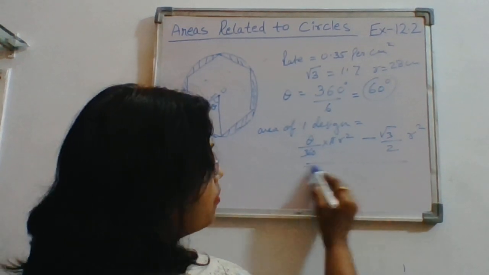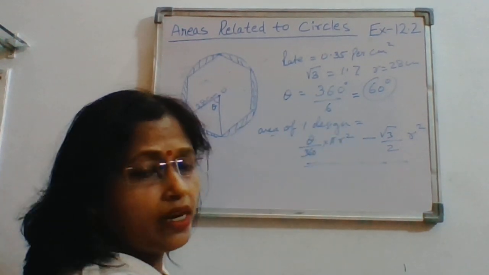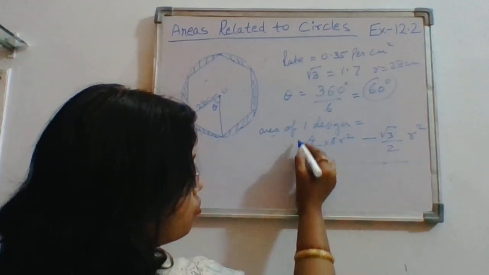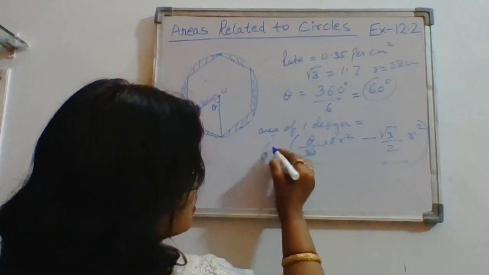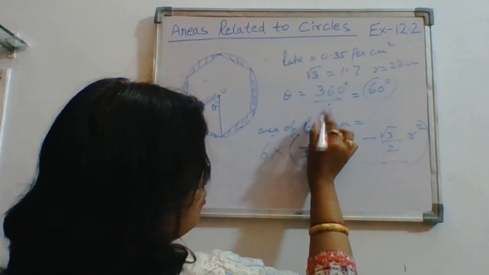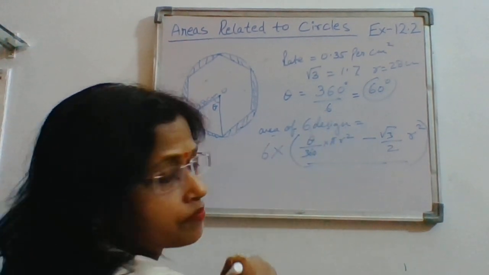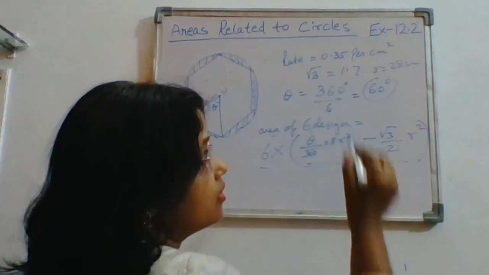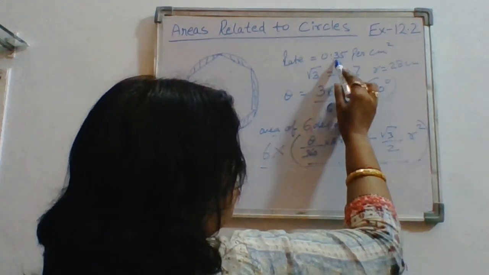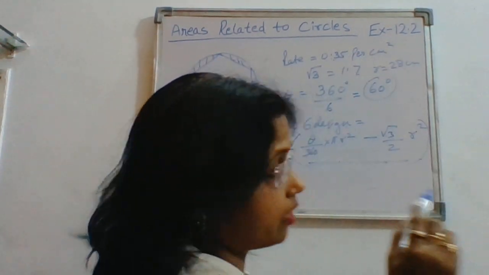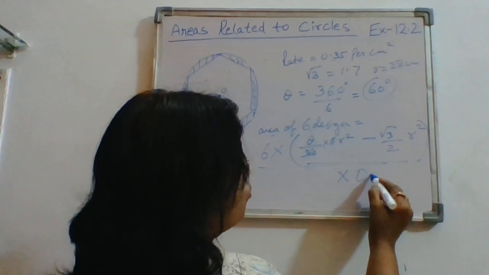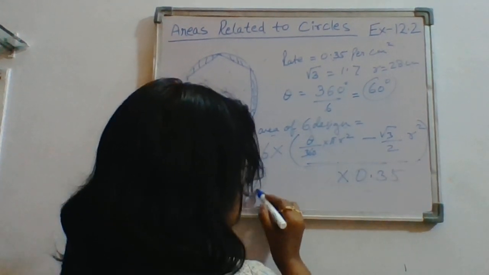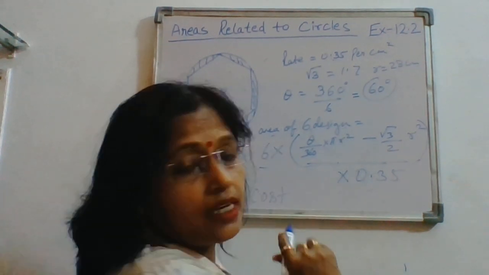So calculate this part, you will get the area of one design. And how many designs do we have? We have 6 designs. So multiply it by 6. So it will be the area of 6 designs, right? And whatever the area will be, multiply it by the rate, that is 0.35, because the rate is 0.35 per centimeter square. After putting the value, you will get the total cost of the design in rupees.